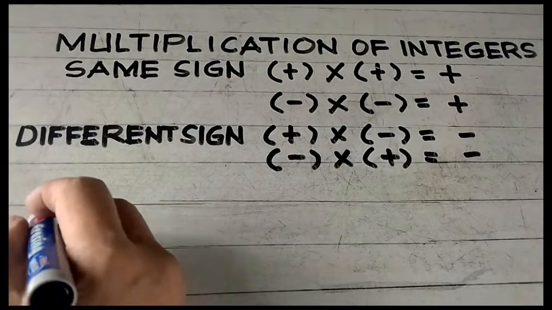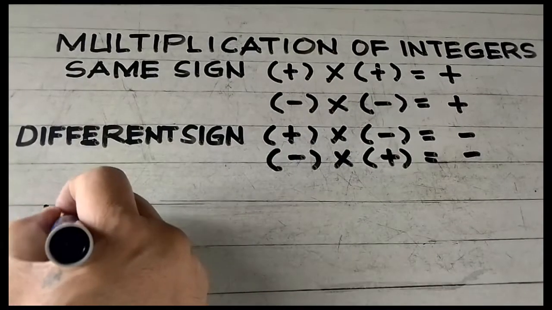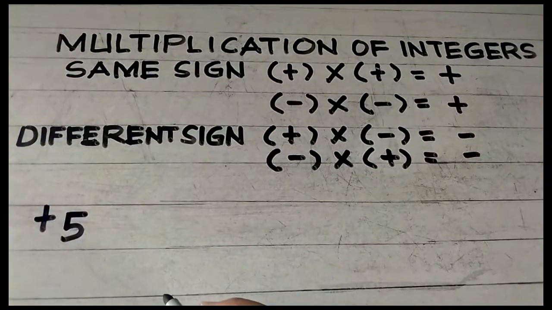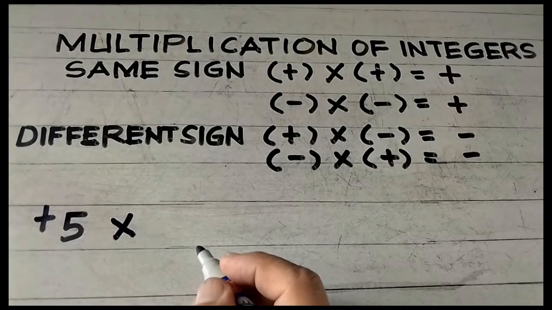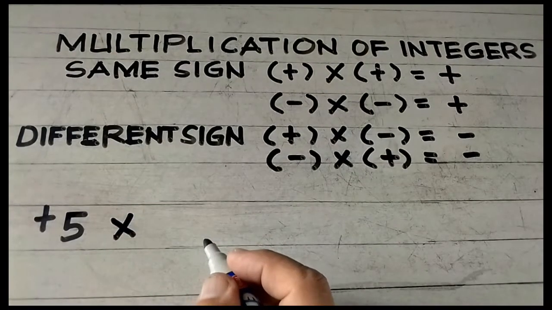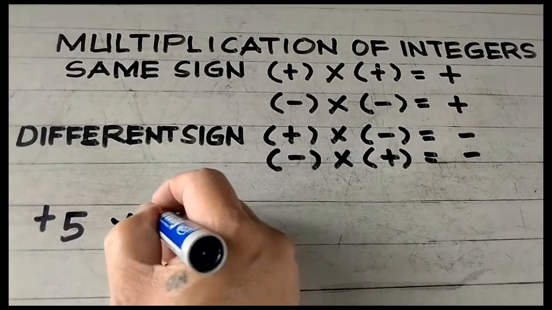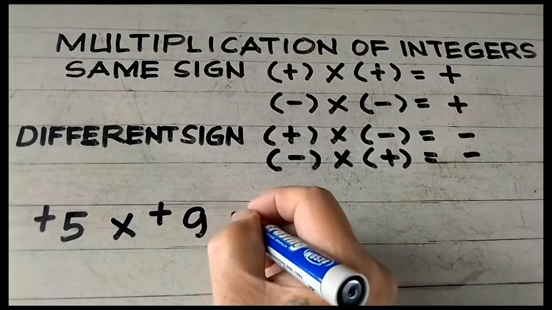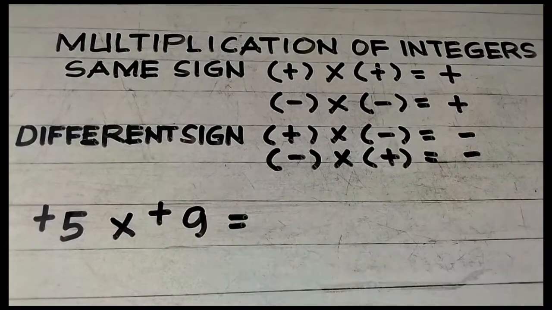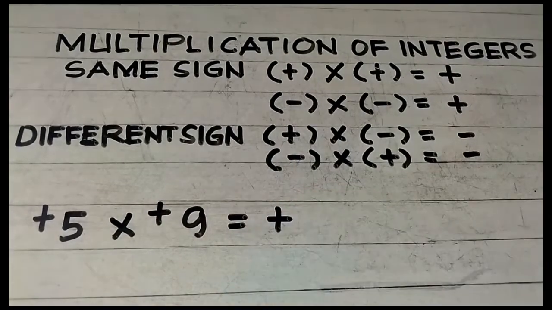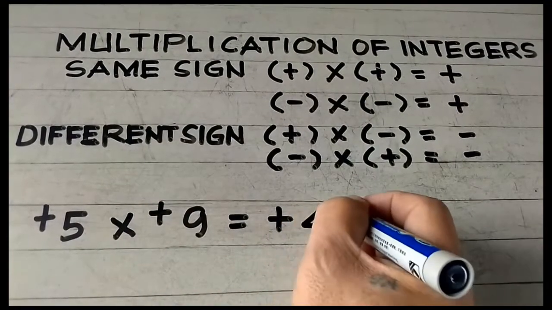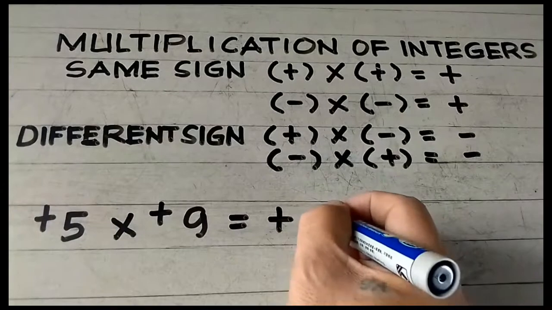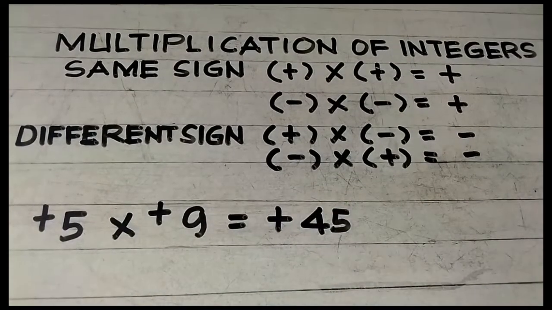Positive 5 multiply by positive 9, and that would be positive 45. Okay, clear?